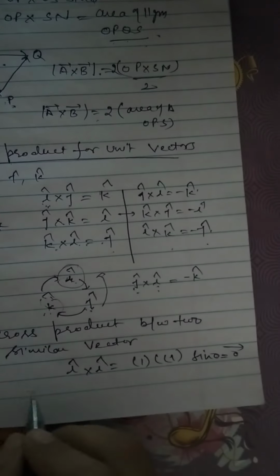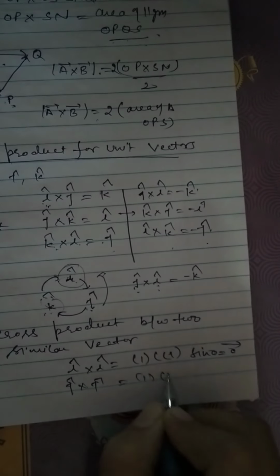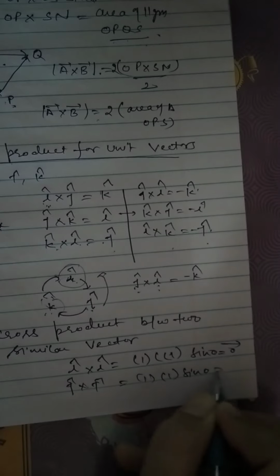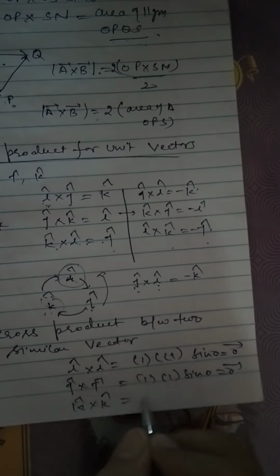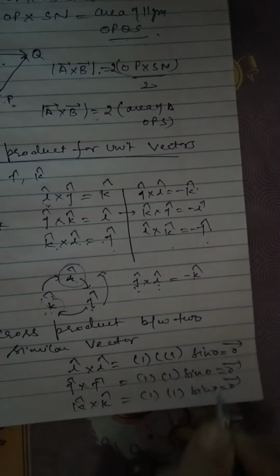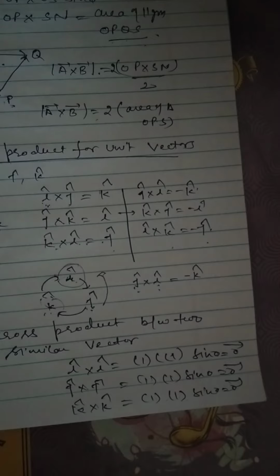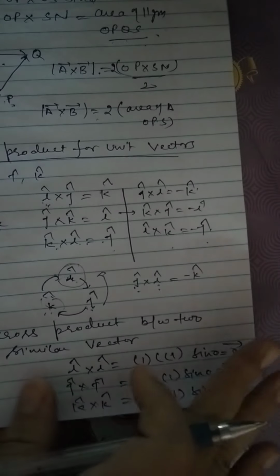This is 0 vector. J cap cross J cap तो भी कितना होगा? ये 1 into sin of 0, it is also 0 vector. K cap cross K cap, it is 1 into sin 0, it is also 0 vector. So cross product between two similar vectors is a 0 vector. Next is, ये हम यूज करेंगे इसके कार्टेशियन प्रोडक्ट में.